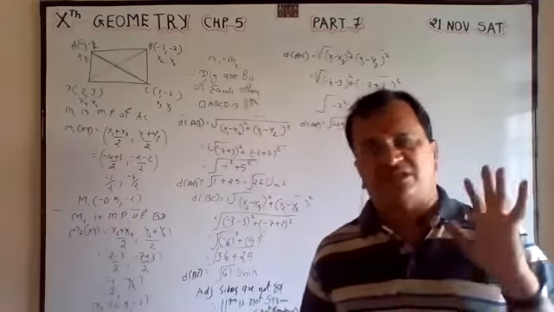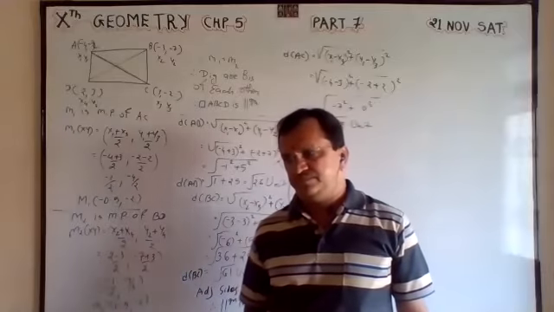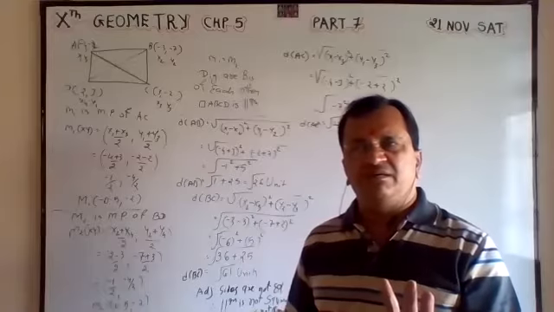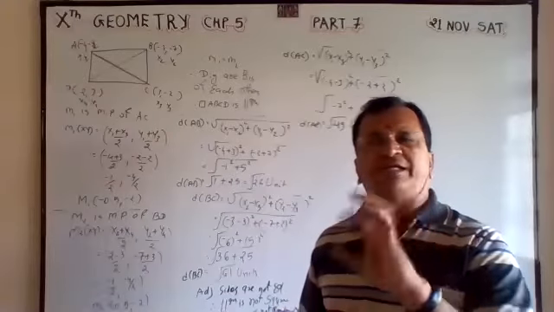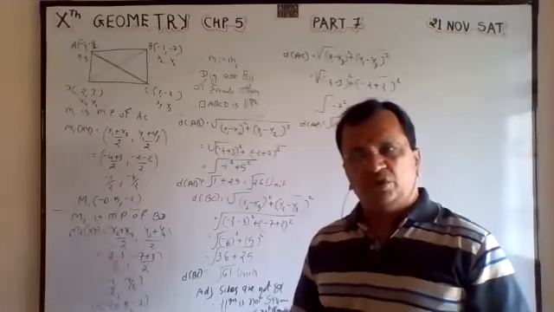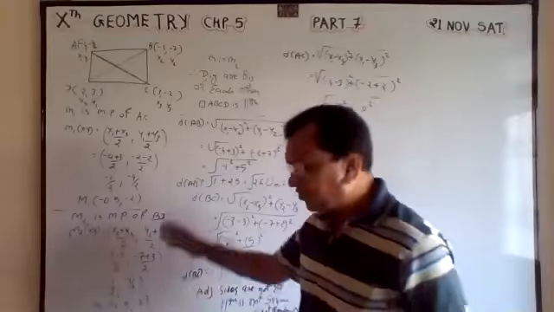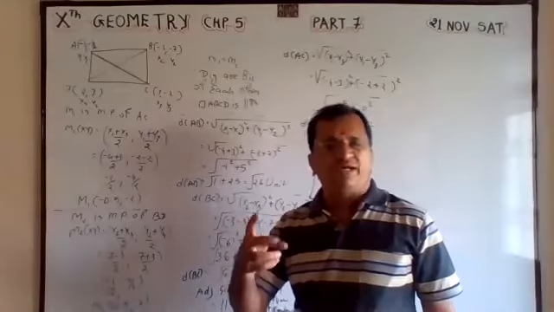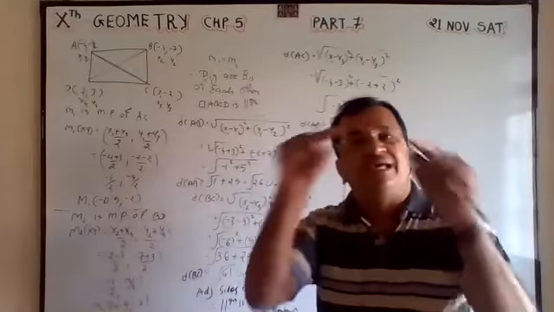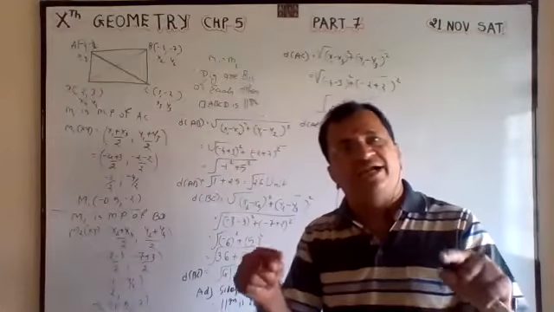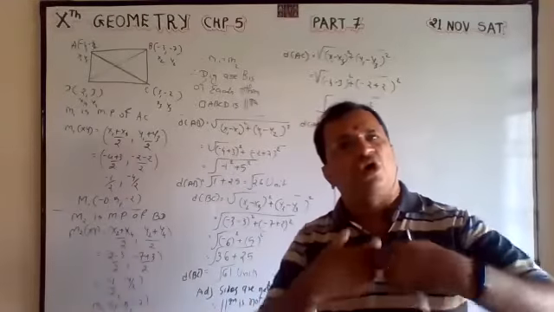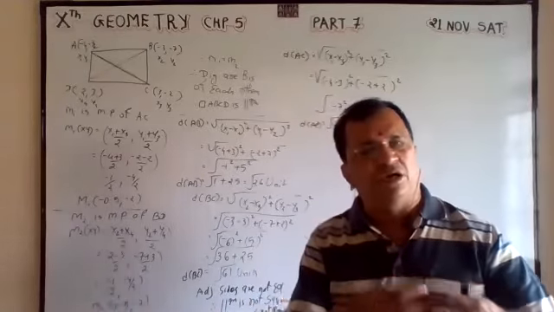If they do not bisect, then only it can be scalene type or trapezium type. Okay, now diagonals bisect. From that you can conclude three types of the quadrilateral: square, rhombus, rectangle. If adjacent sides are equal, then it can be square or rhombus. Adjacent sides not equal, so not a square, not a rhombus.